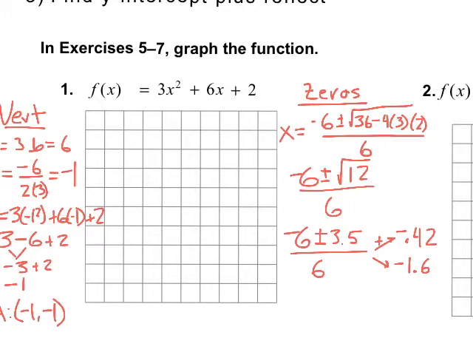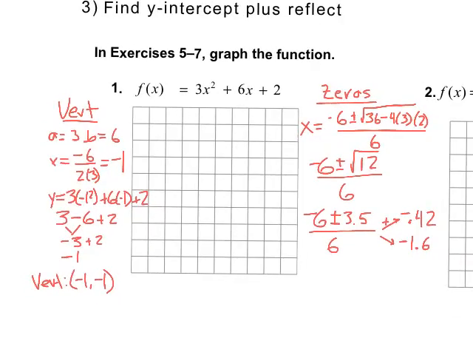Okay. So now let's put this all together on the graph. So we're going to have to make our own axes here. Okay, so remember my vertex is an ordered pair, so that's going to go on the graph at that point. So negative 1, down 1.